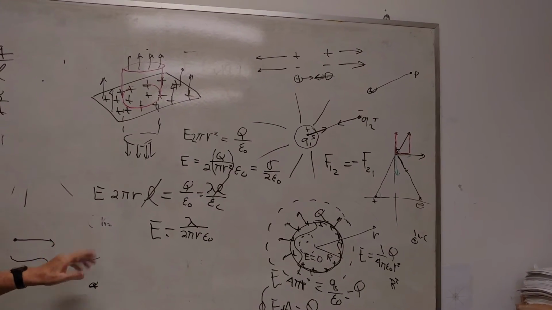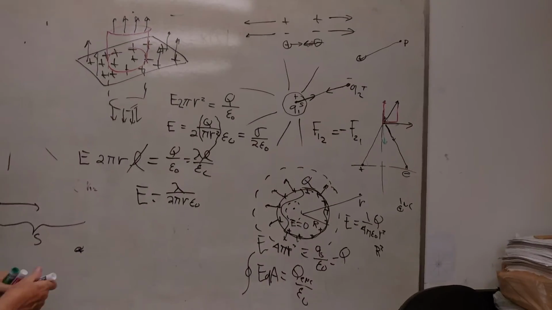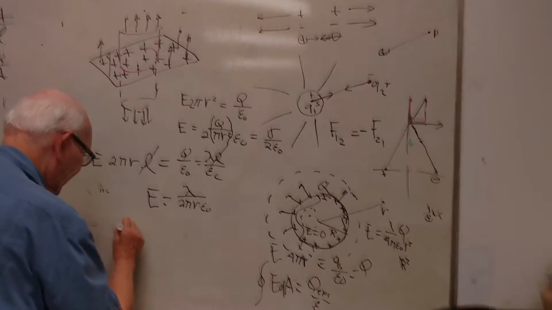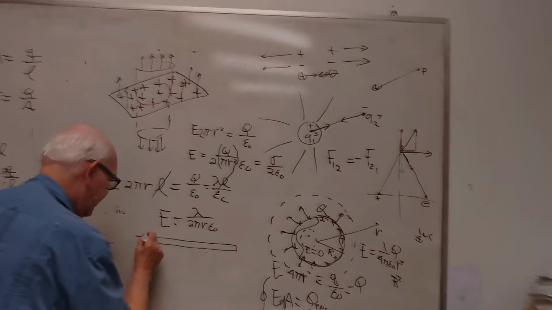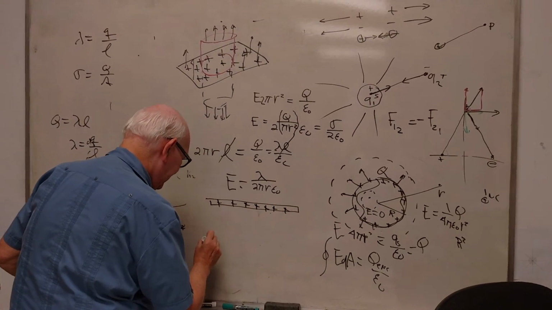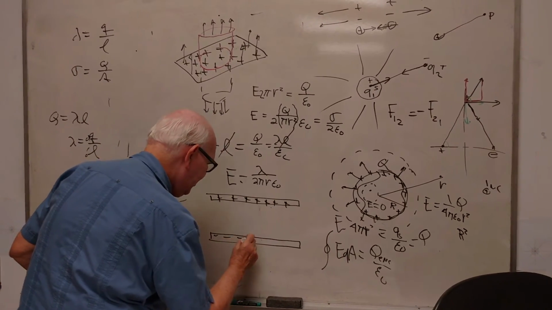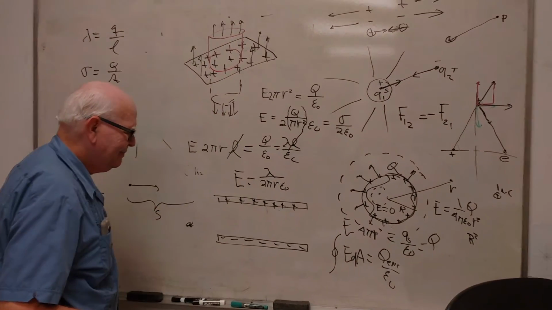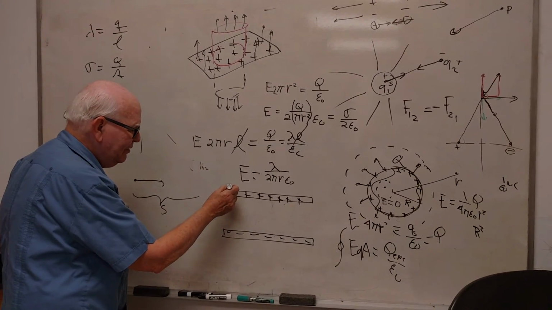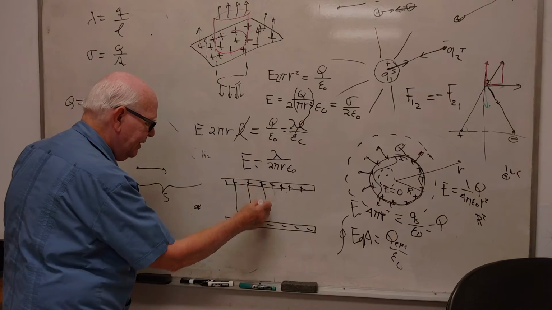The dimensions simplify. When you have two such planes, I'm going to put it on an edge, infinite plane, but now it could be finite, and the other one is negatively charged, you form what is called a parallel plate capacitor. Then the field doesn't go up, doesn't escape, it goes down, down, down.